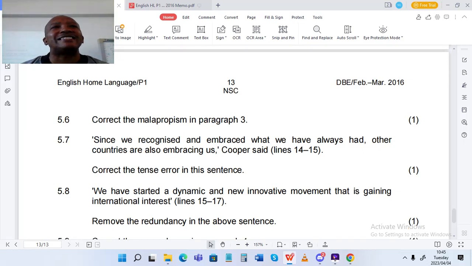That's the word you want to write down in your list, redundancy. When is something redundant? I think you said it yesterday, no?